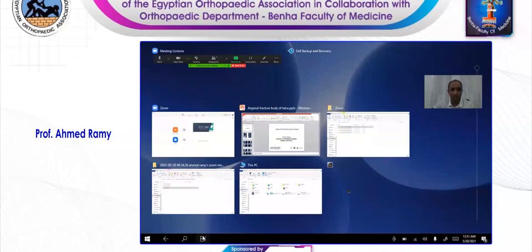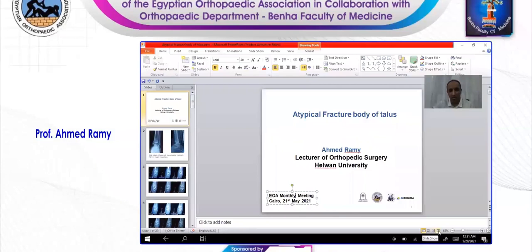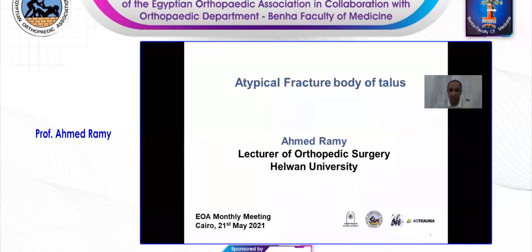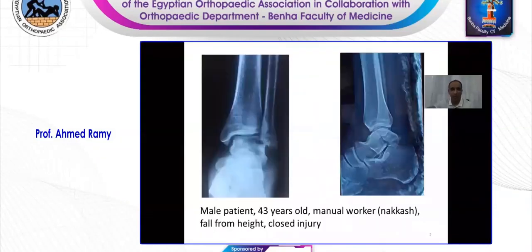It's a case of a typical talar body fracture. Here we can see the plain X-ray for a male patient, 43 years old. He's a manual worker and he has a history of fall from height with a closed injury.